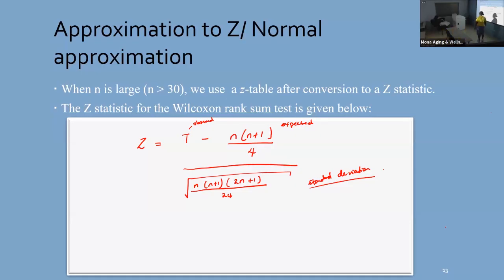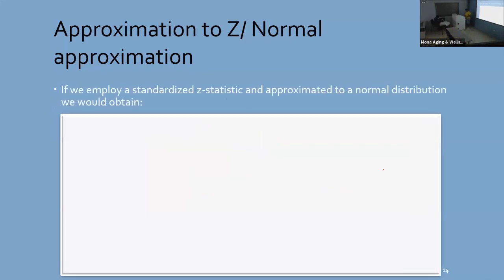Apply this formula to our example. If we're going to do that, Z is equal to, okay, let me just write back the formula so that we can know what the values are.